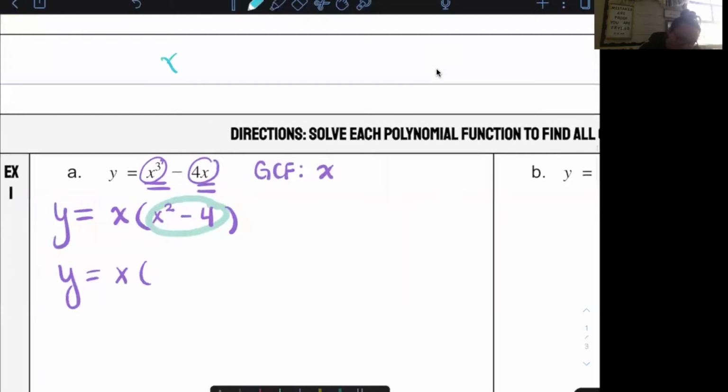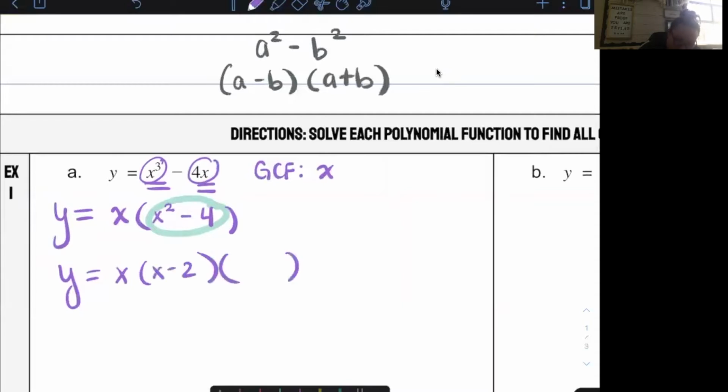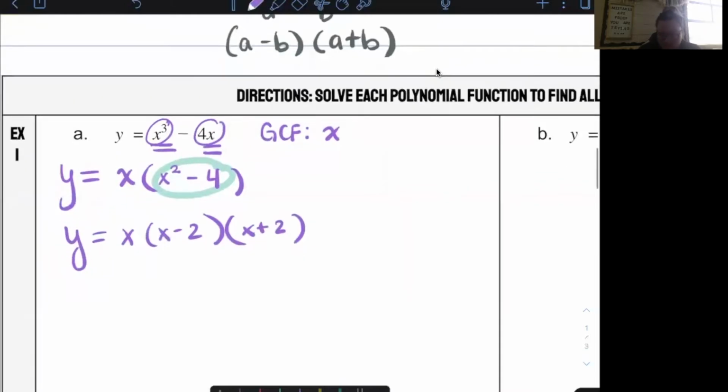Remember, when we factor a difference of squares like a squared minus b squared, we do a minus b times a plus b. So this is then going to factor to x minus 2 times x plus 2. And you can multiply that back out and double check that it does simplify to our original function.